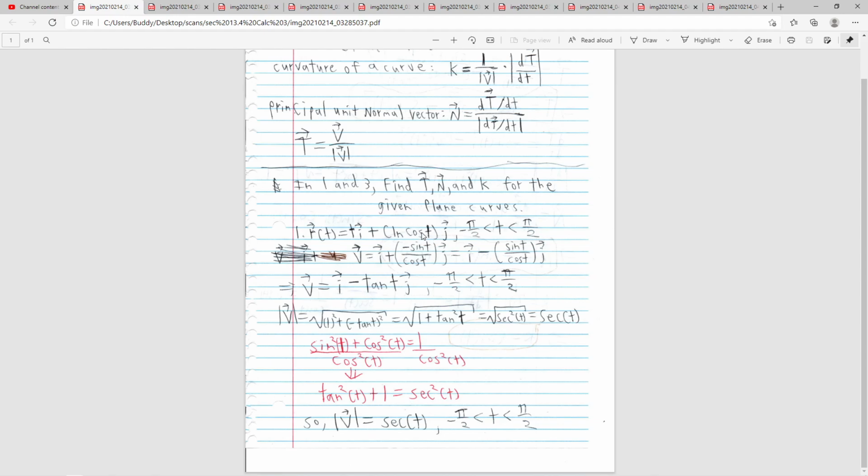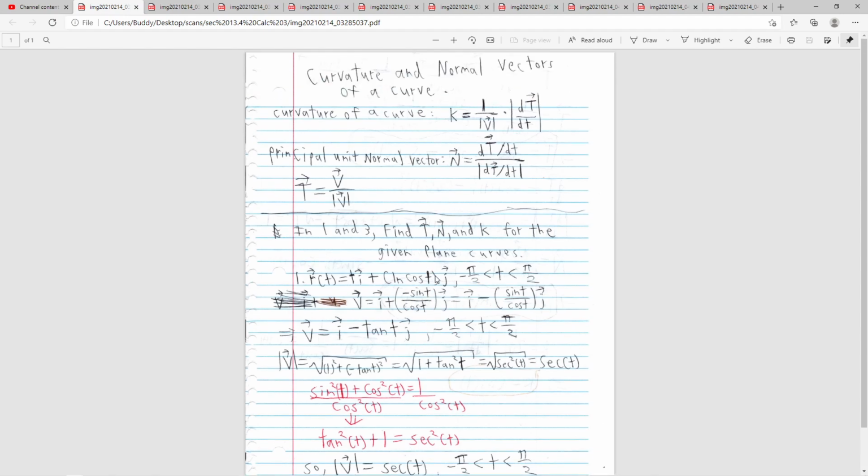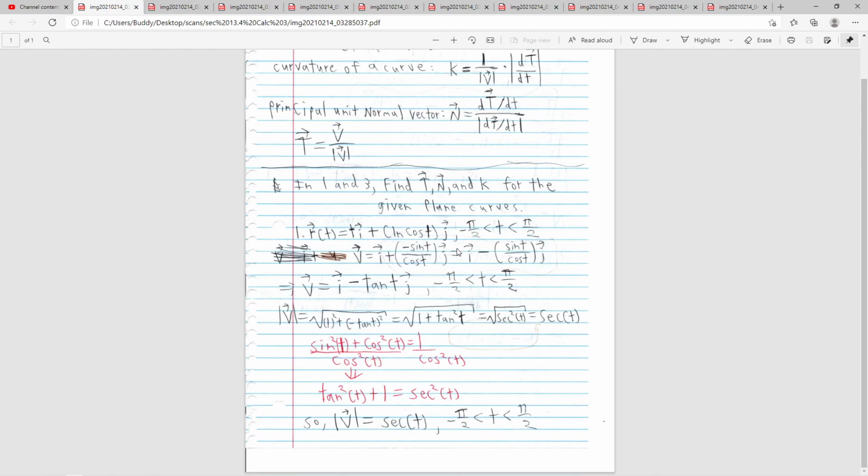So cosine t's derivative is negative sine t, and cosine t is the original function. That's either an end-of-calc-1 or early calc 2 concept, the natural log derivative when you have a case like that. So it's i minus sine t over cosine t j, basically.